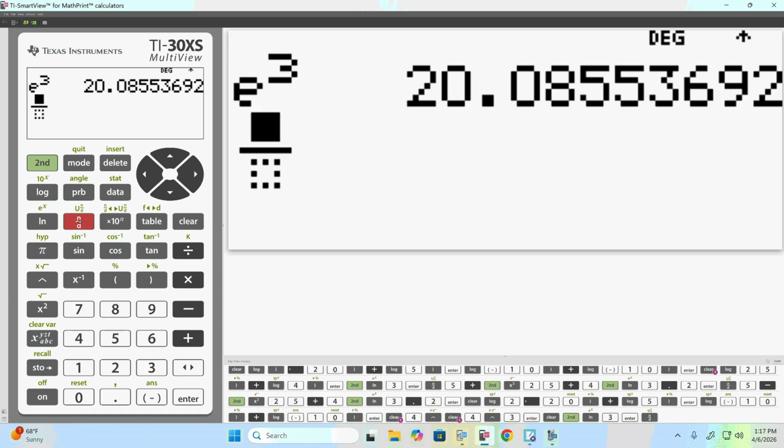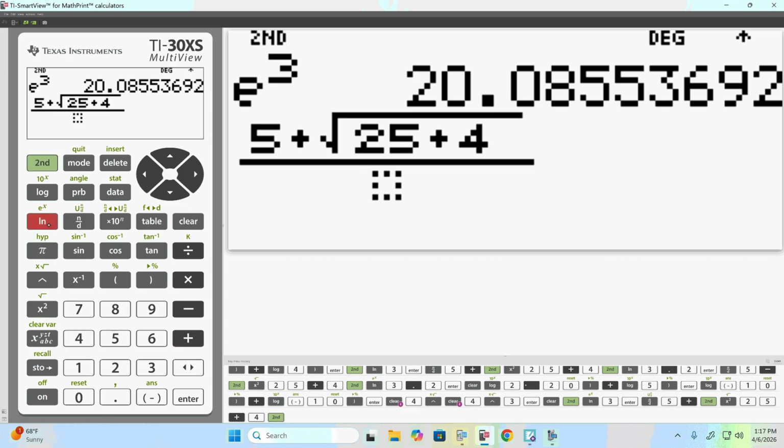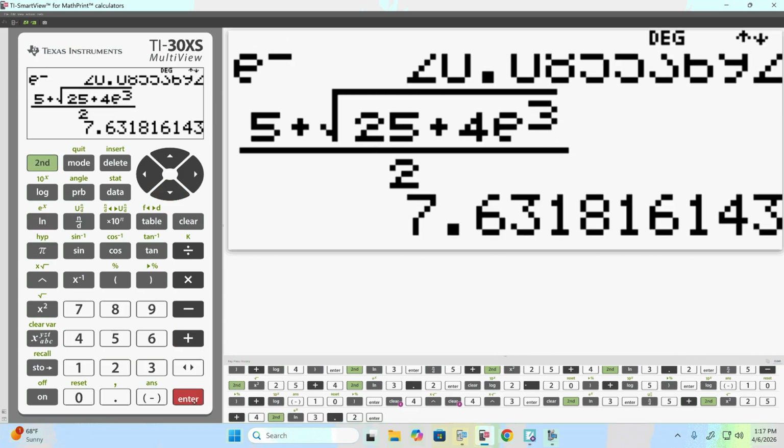I just grabbed the calculator: 5 plus the square root of 25 plus 4 times e cubed, all over 2. So one of the values is approximately 7.632.